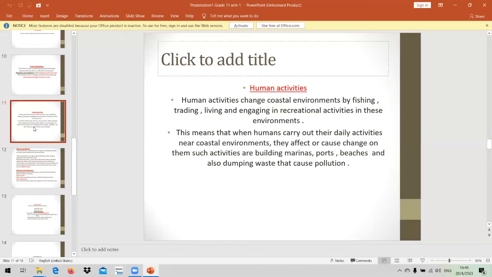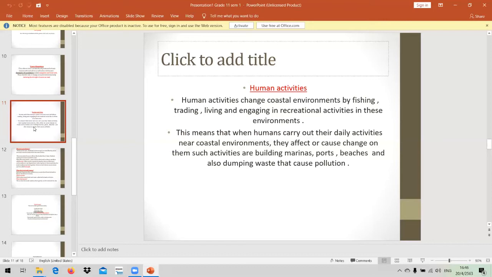Let's continue. This means that when humans carry out their daily activities near the coastal environments, they affect them or cause change on them.